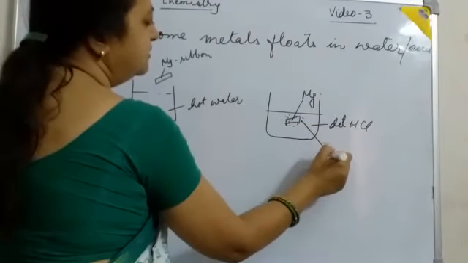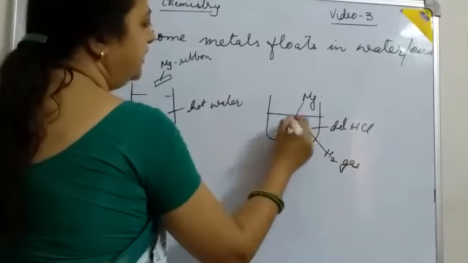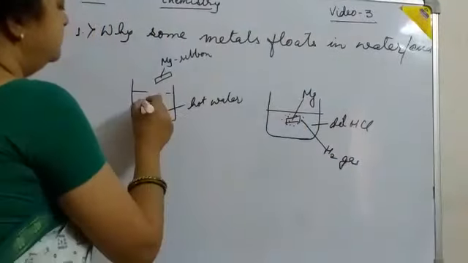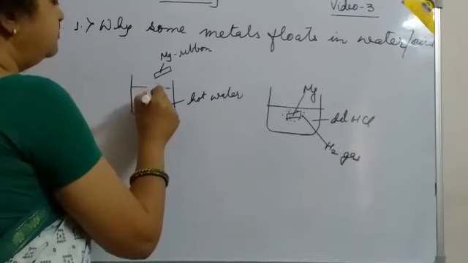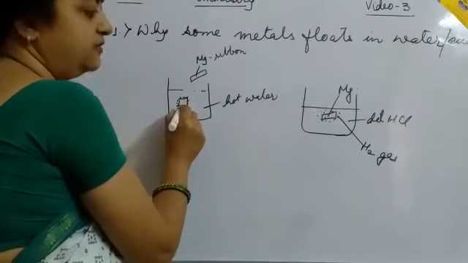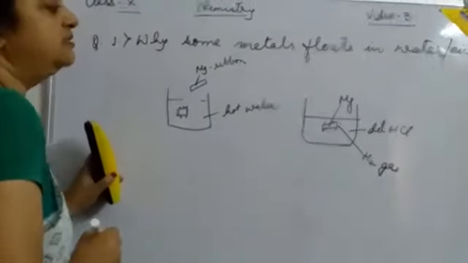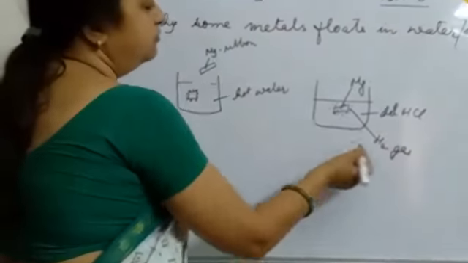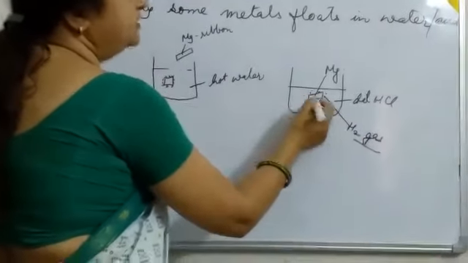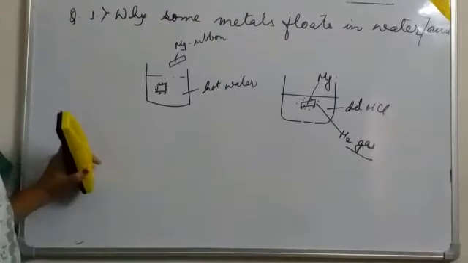These bubbles are hydrogen gas. Hydrogen gas is formed here and it traps the metal. Hydrogen gas is very light, so with this hydrogen gas it starts floating. Therefore, due to formation of hydrogen gas, it traps the metal piece and starts floating.